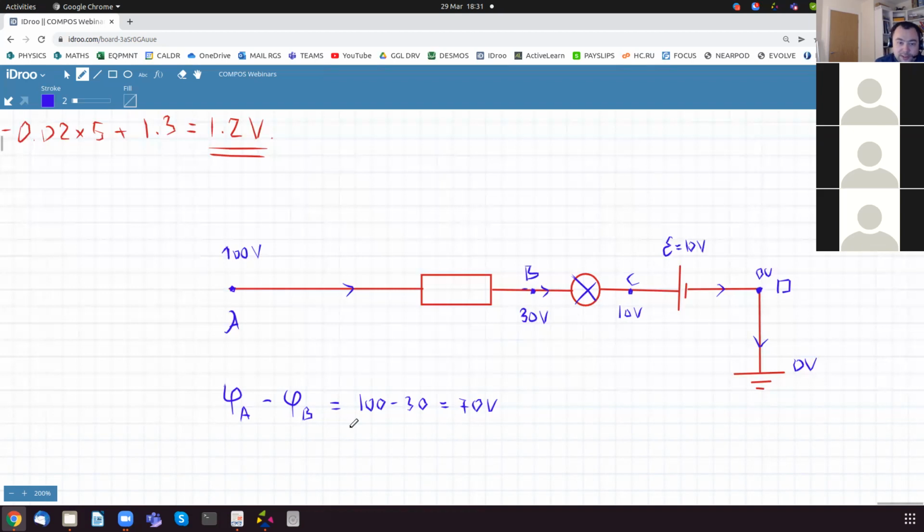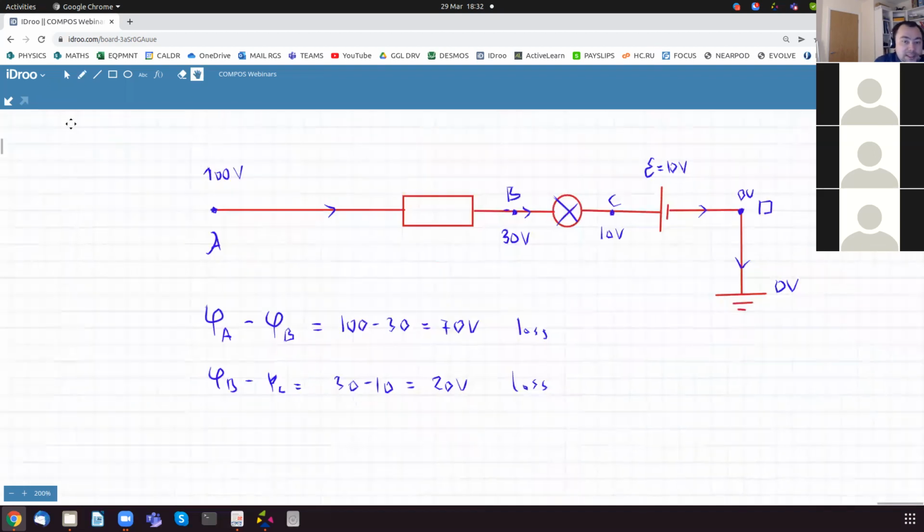If we're going from B to C, we're losing potential again. You're going 30 minus 10. It's going to be 20 volts. So that's a loss. And if we go from C to D, so potential at C minus potential at D, well, oh.